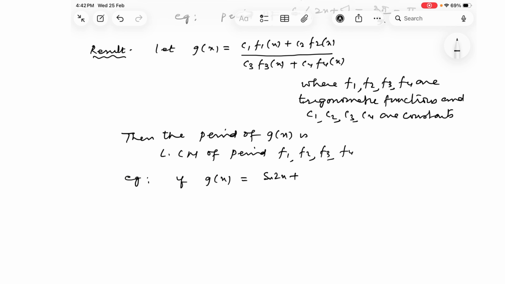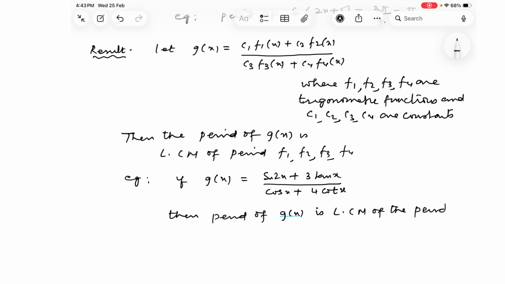For example, if g(x) is equal to sine 2x plus 3 tan x divided by cos x plus 4 cot x, then the period of g(x) is the LCM of the periods of sin 2x, tan x, cos x, cot x.